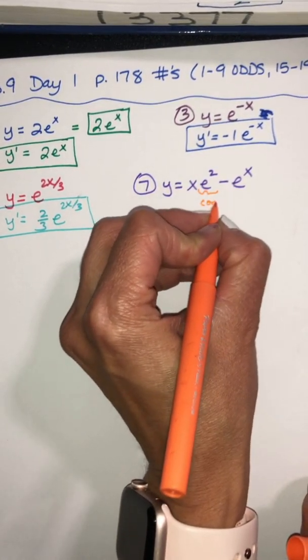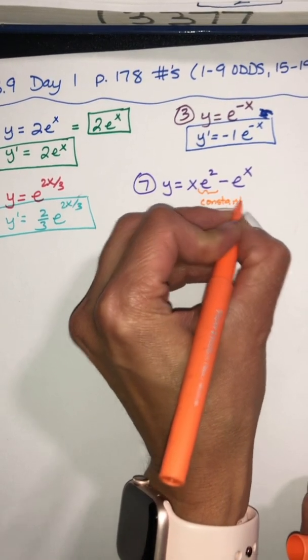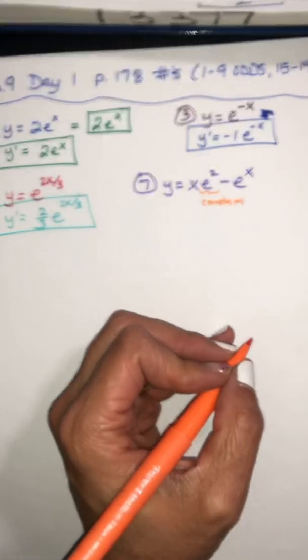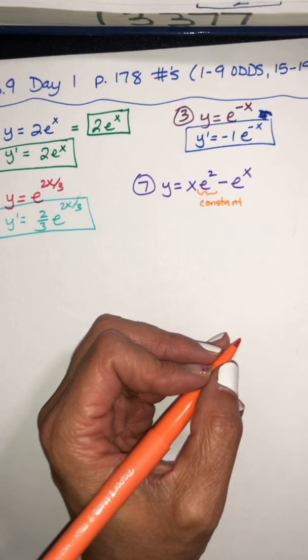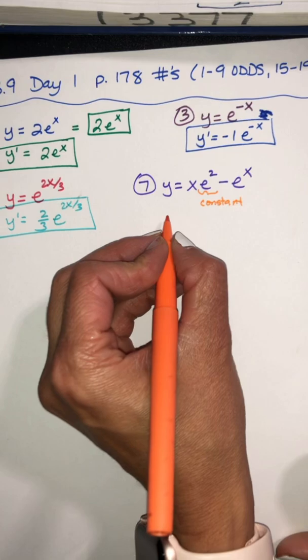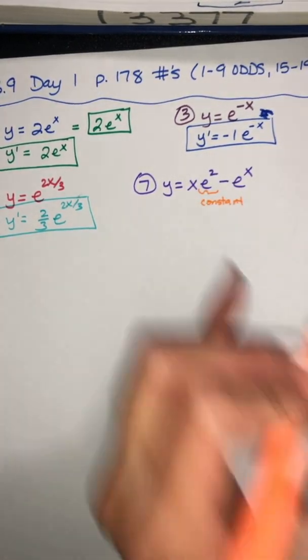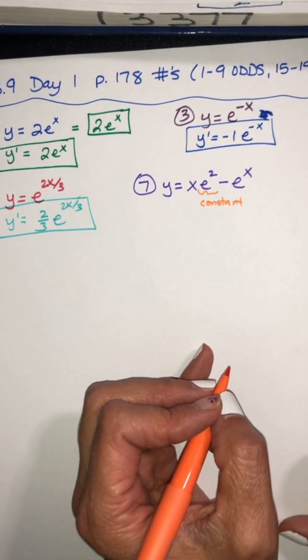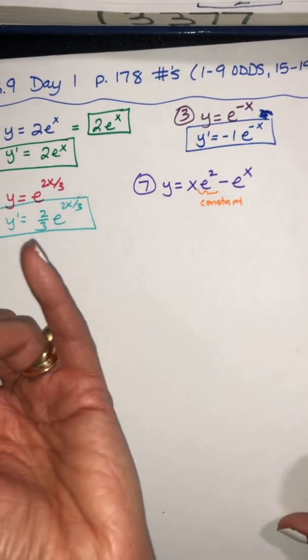So this is technically a constant. So even though I have x times e squared, you could use product rule on that and you'll still get the correct answer, but you don't have to. That's actually an extra step. So when you see my key, I actually did product rule, but I am noticing now that, hey, that's a constant. We don't need to.